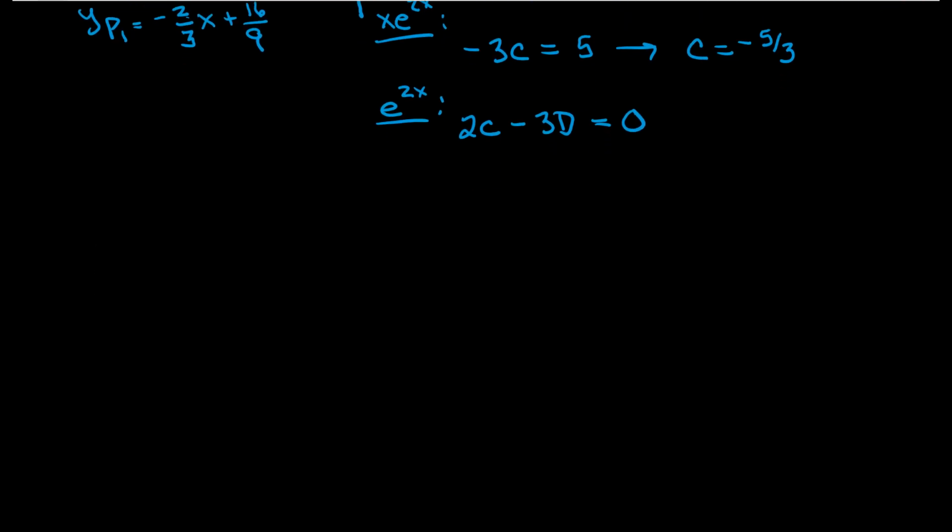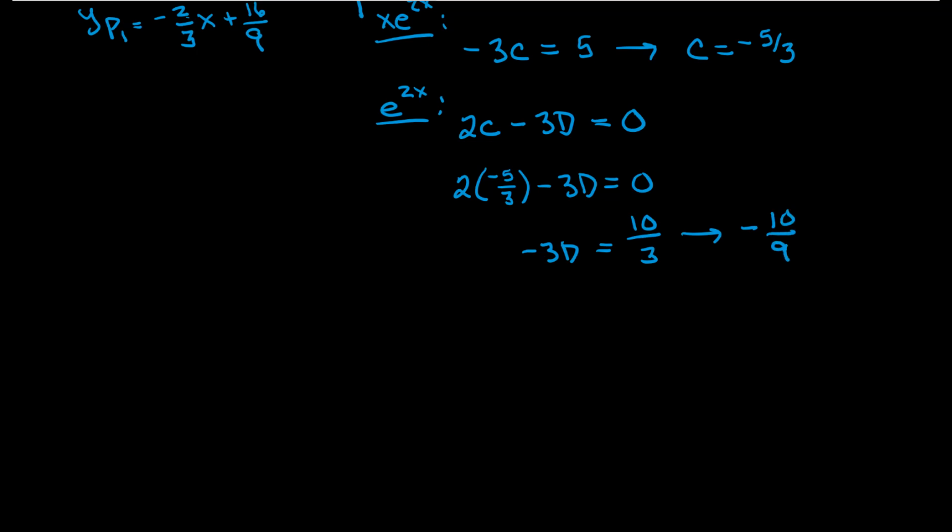When I substitute in, I'm going to have 2 times a negative 5/3 minus 3d equals 0. This is going to give me a negative 10/3. Move it to the other side, I get 10/3 equals a negative 3d. This then, dividing by a negative 3, gives me a negative 10/9.